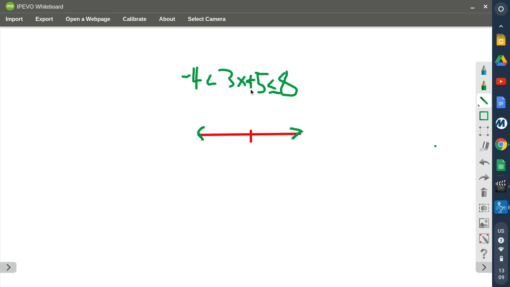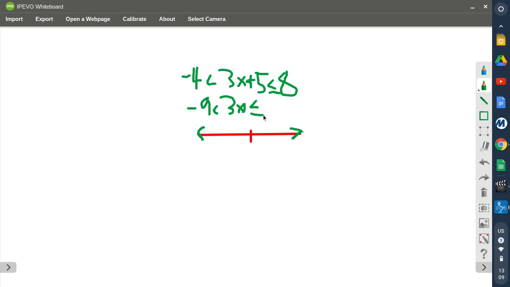So you have to solve this. So you have to get x by itself in the middle. So you subtract the 5. So you get negative 9 is smaller than 3x. And then you have to subtract the 5 from this side as well.